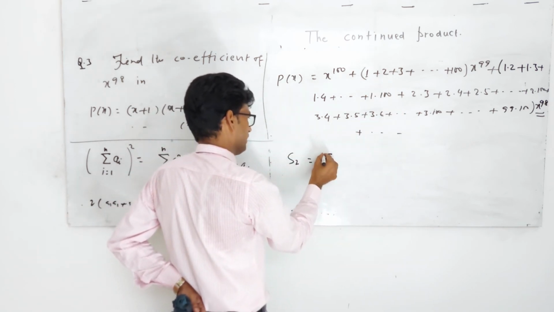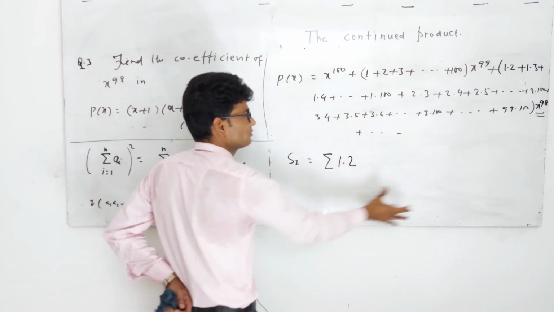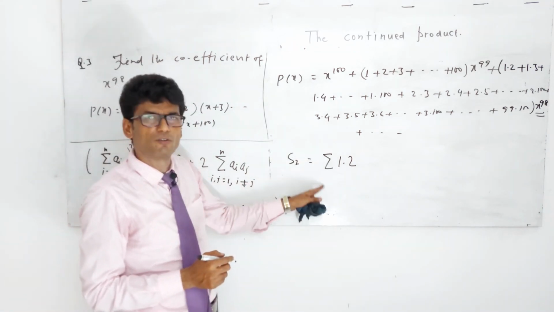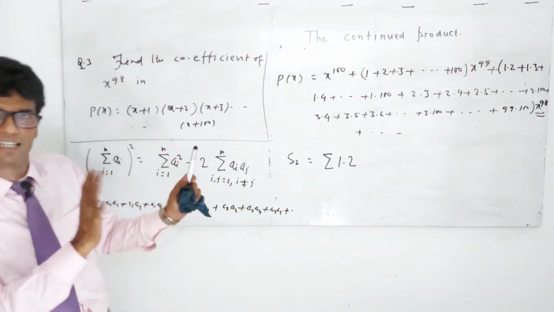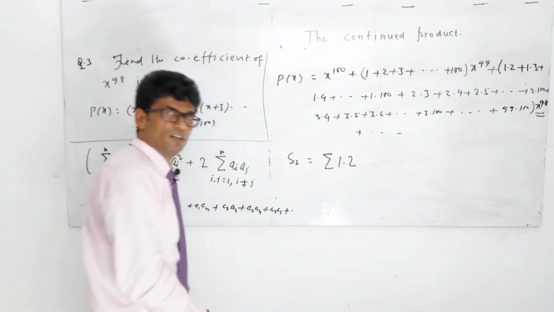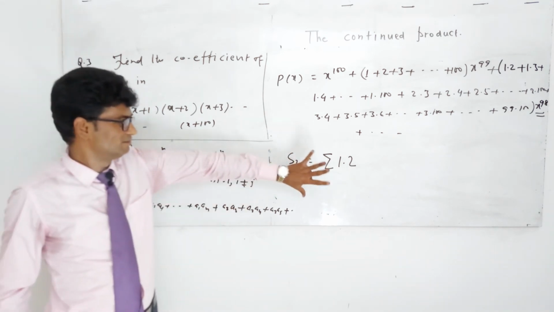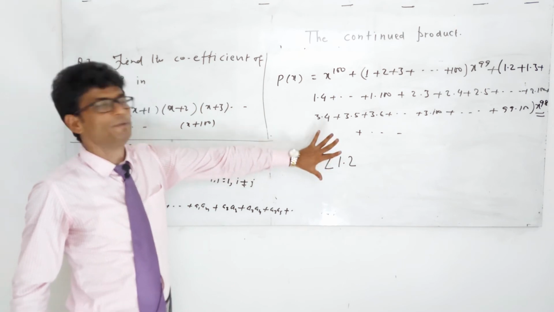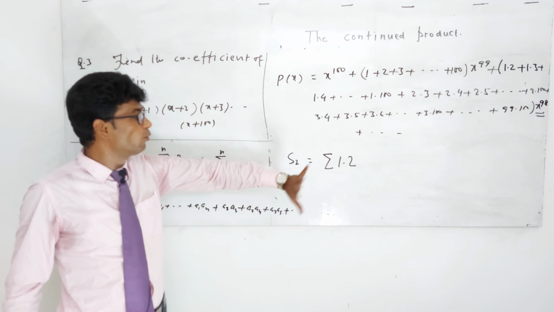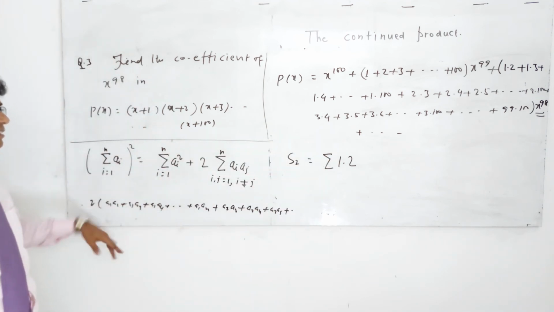Now in compact form here, sigma ai aj, it is understood, so that much. If the context is very clear, there is no need to write here the limit on that summation sign. Context is very clear. Okay. So we have to find sigma ai aj. That's a little bit difficult, but in my dictionary there is no word like difficult, because if we know this result then it is quite easy.